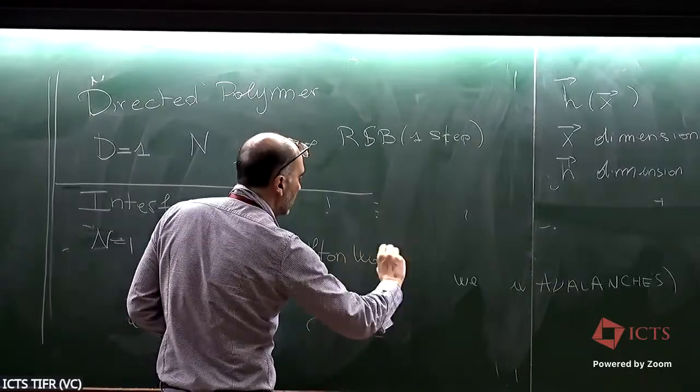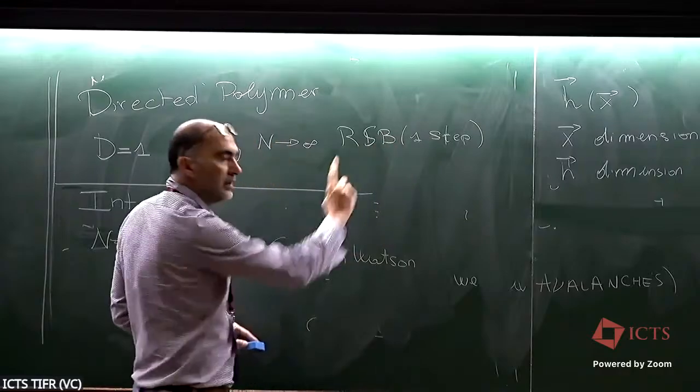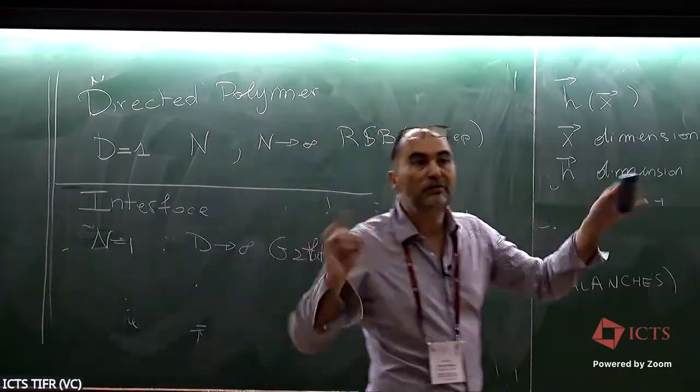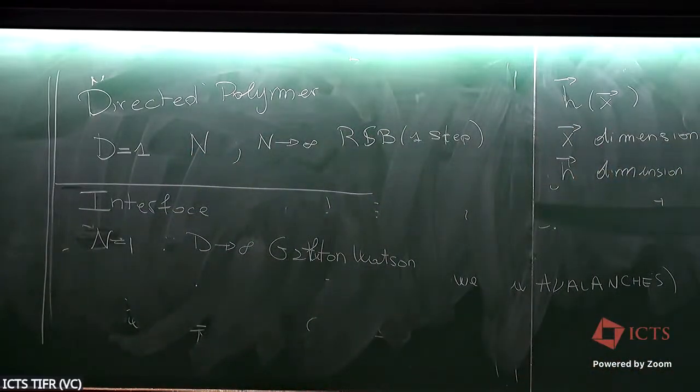And if you do the equilibrium, you don't have the RSB, okay? So these are two mean field models. The Galton-Watson is simpler than the RSB, but they are different, and the dimension that goes to infinity is different. One is the external dimension, and the other is the internal dimension.